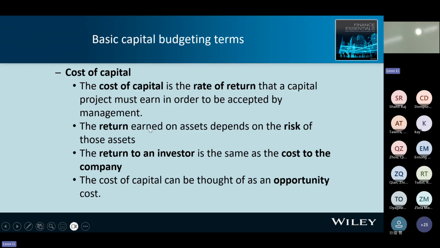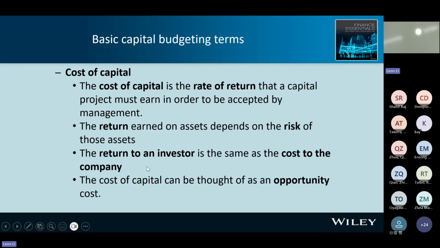And the return earned on the asset depends on the risk of the asset. And I know high risk, high return, low risk, low return. And the return to an investor is the same as the cost to the company. So the cost to the company is a return to the investor. And the return to the investor depends on the risk they are facing.